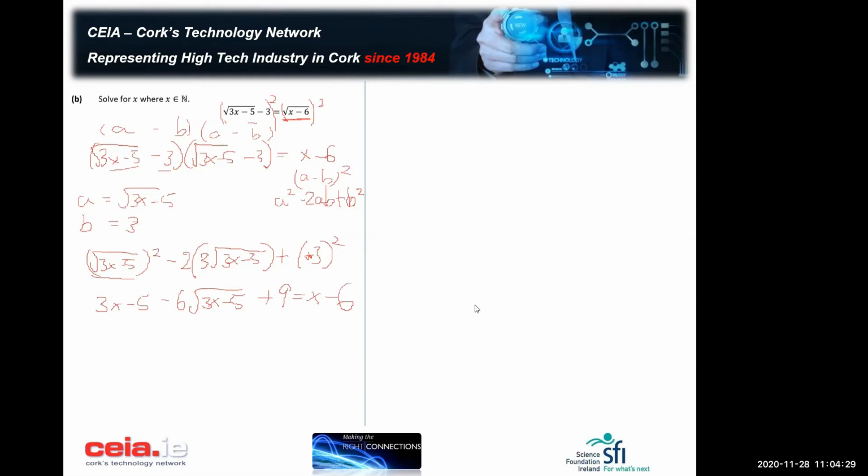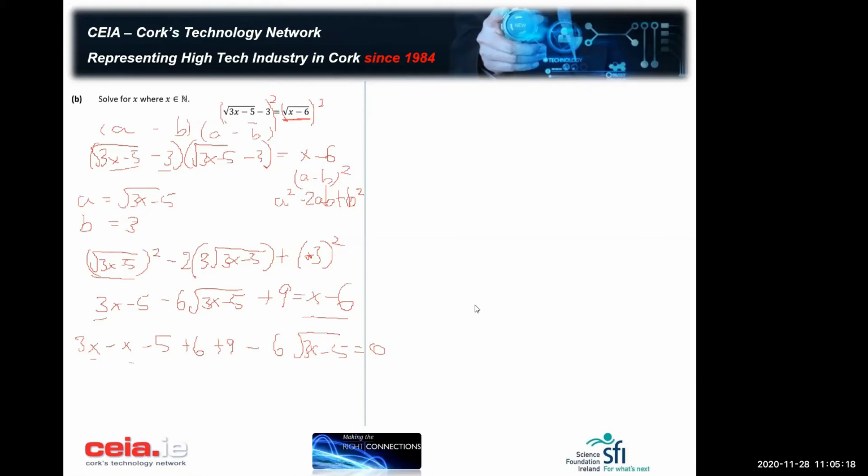And we work our way down through that. We bring the x minus 6 across, and that gives us 3x minus x minus 5 plus 6 plus 9 minus 6 times the square root of 3x minus 5 is equal to 0.